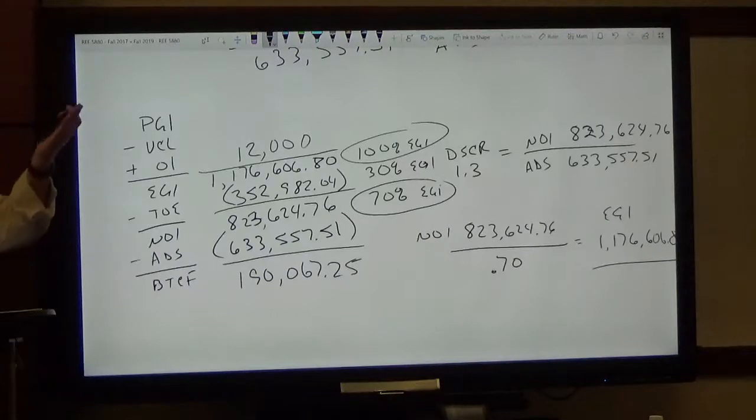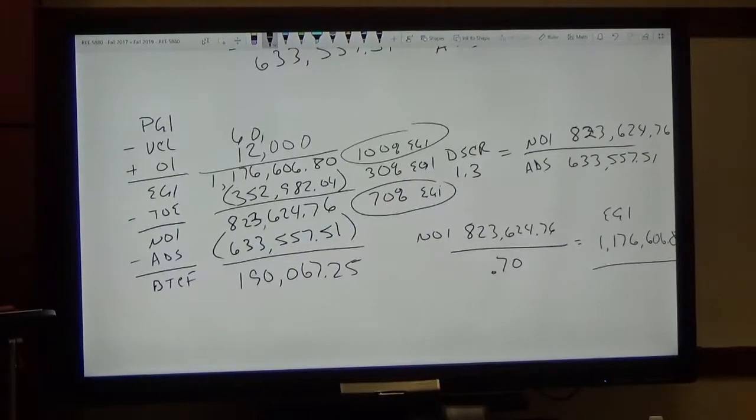In this case, it was a fixed number because we didn't apply it as a percentage, so we'll just make it the same. 60,000. And then we just work backwards.